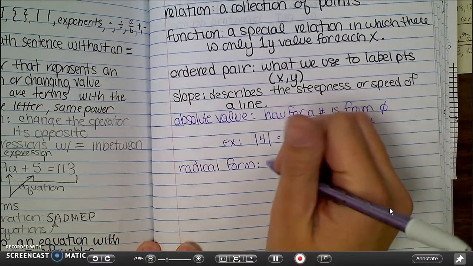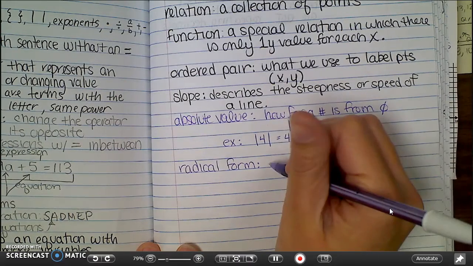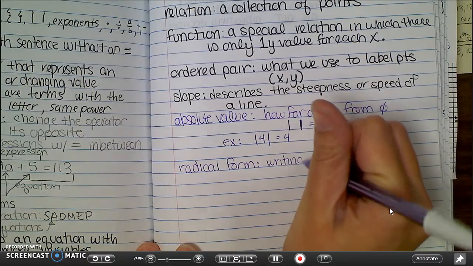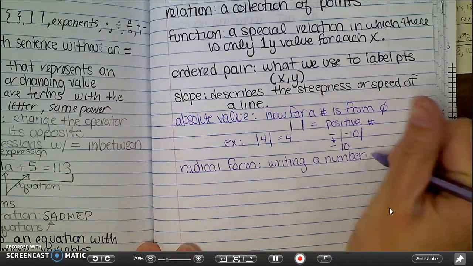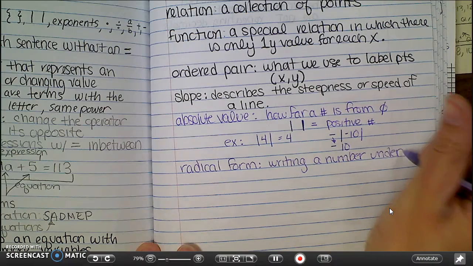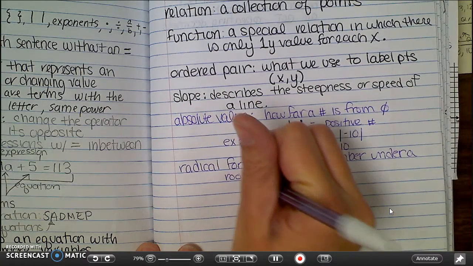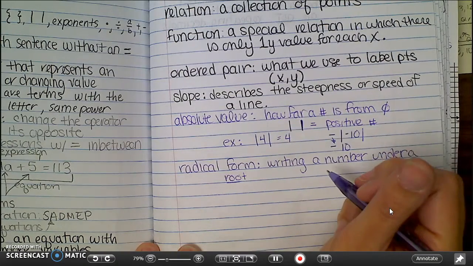Radical form is just root form, so like a square root. So writing a number under a root. I'm not going to put square root because there are other types of roots.